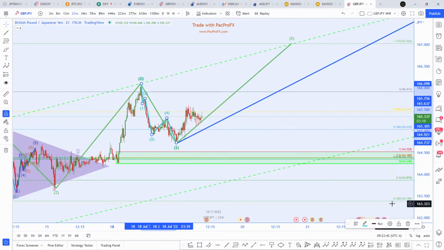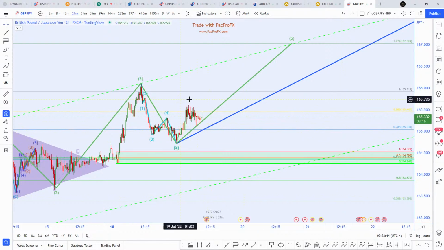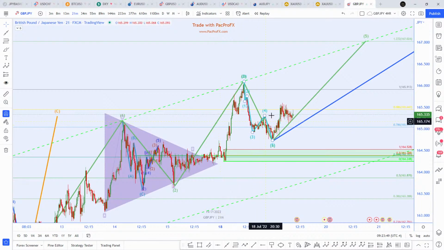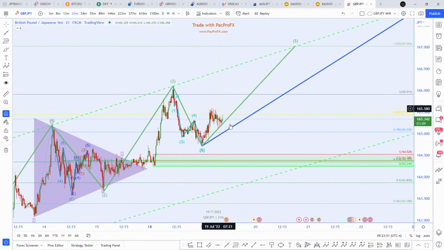This one, a little blue. It looks like we're going to have a 5-wave going up.